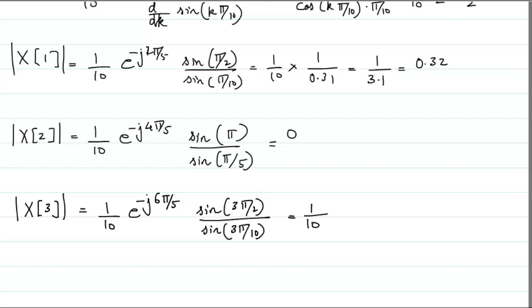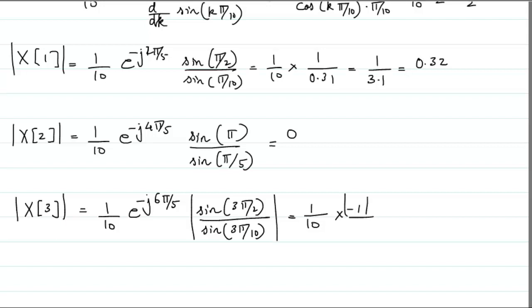Sine of 3 pi by 2 is equal to minus 1. When I am trying to find out the magnitude, the magnitude of minus 1 is how much? 1.